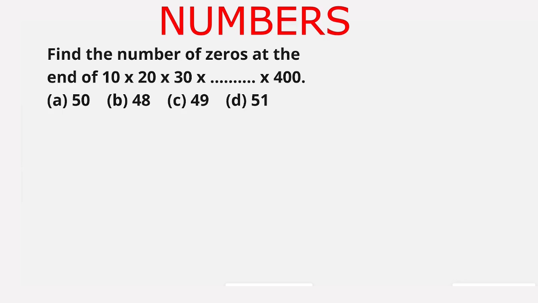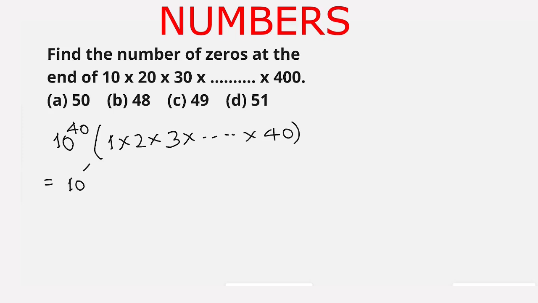So we can write it as 10 to the power 40 multiplied by 1 multiplied by 2 multiplied by 3, and it goes up to multiplied by 40. This is equal to 10 to the power 40 multiplied by 40 factorial.